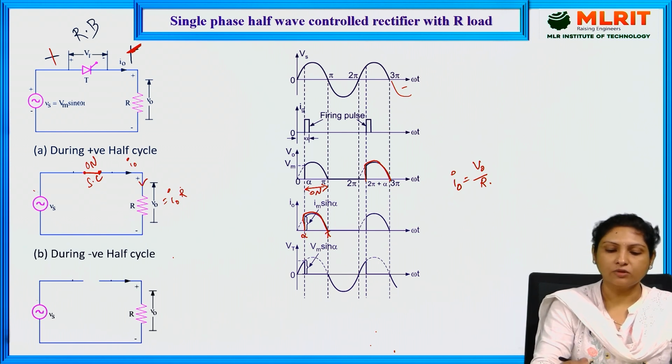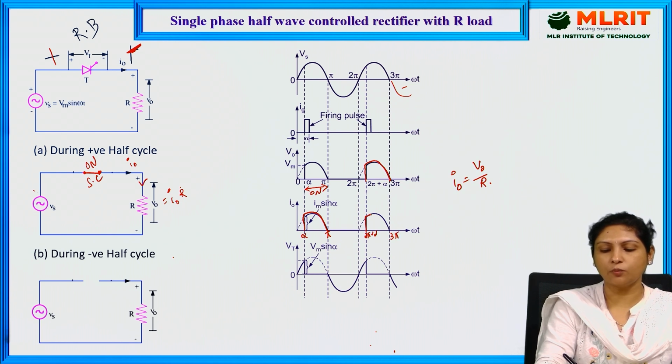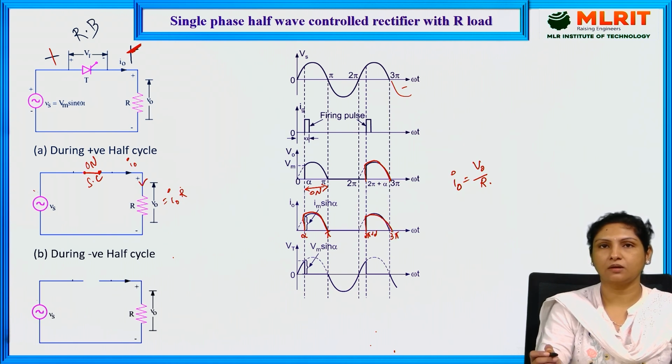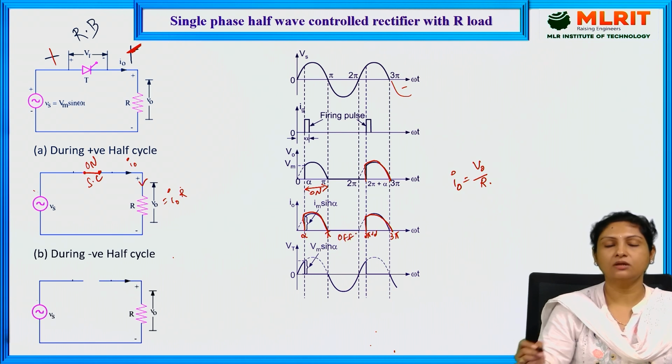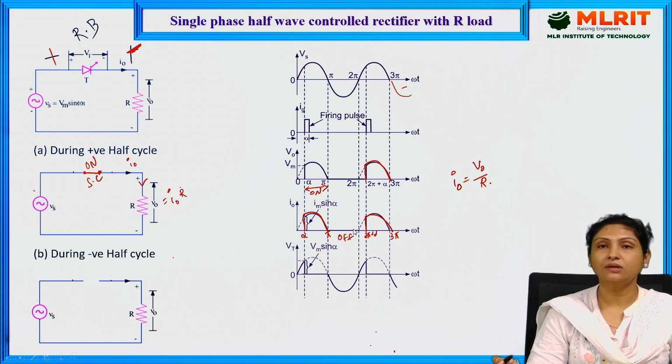The thyristor again conducts from 2 pi plus alpha to 3 pi, and that is how we get the output voltage there. Whereas here, since the thyristor is off, there is no output current through the load. And coming to the thyristor voltage waveform.